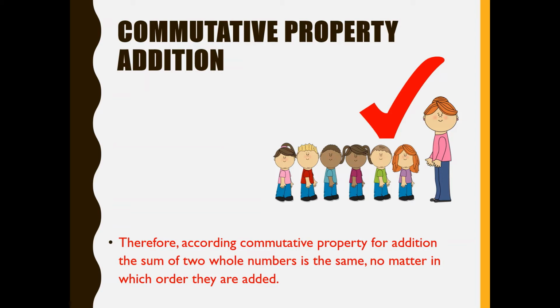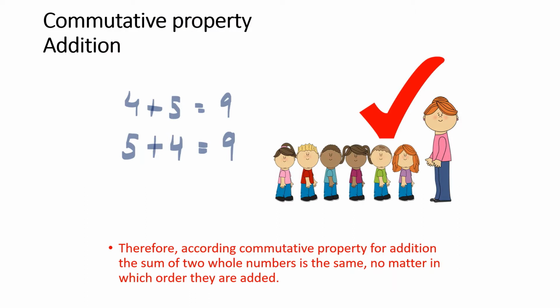Let's take an example. If I take a whole number 4 and I add another whole number to it, 5, what do I get? 9. Okay, that's easy. Now let's change the order of 4 and 5. So I take 5 plus, and now I add 4 to it. What will I get? I get 9 again. So that means clearly that changing the order doesn't affect the sum. So we can add whole numbers in any order.